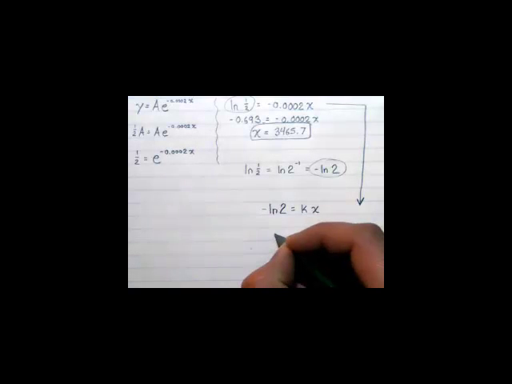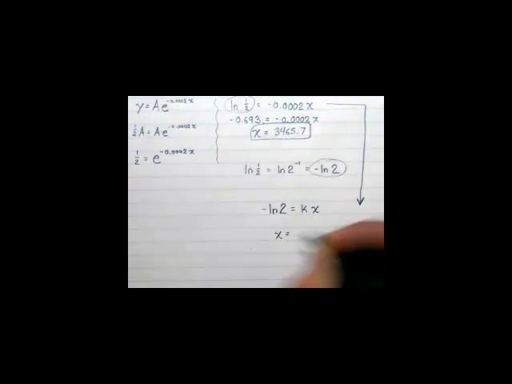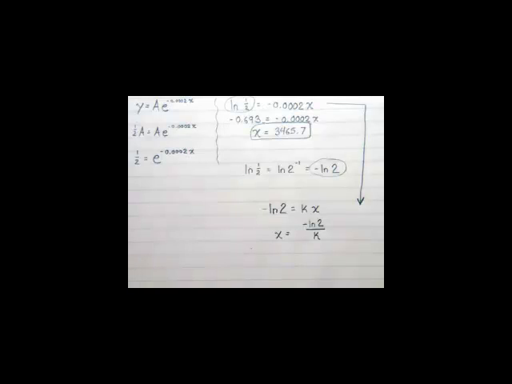The half-life can be found by using that equation. Because isn't that exactly what we did? We did the natural log of 1/2, which is the same thing as negative natural log 2, and we divided it by our k, which happened to be negative 0.0002. So this only works for half.